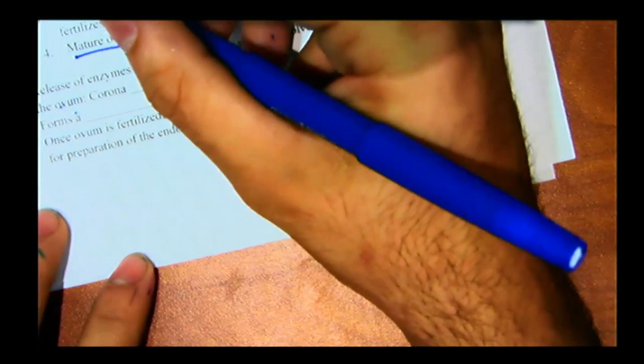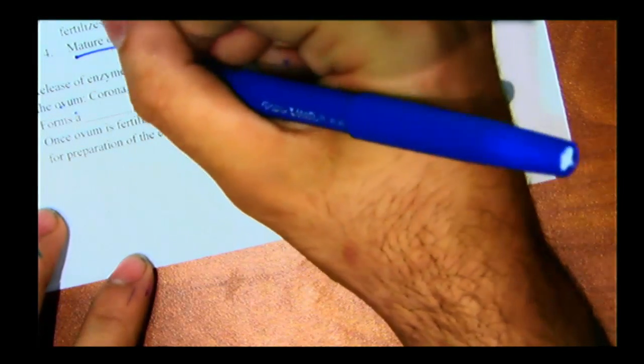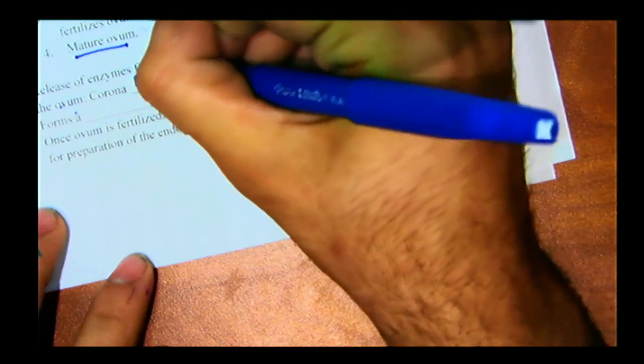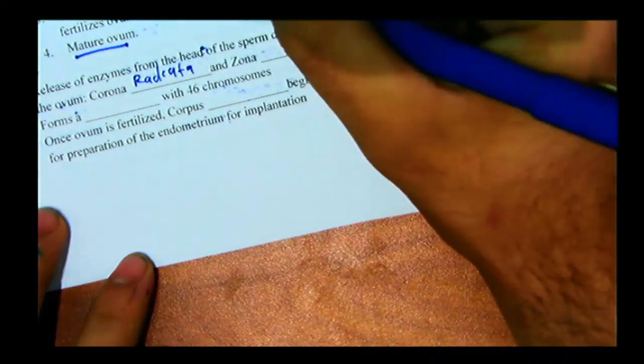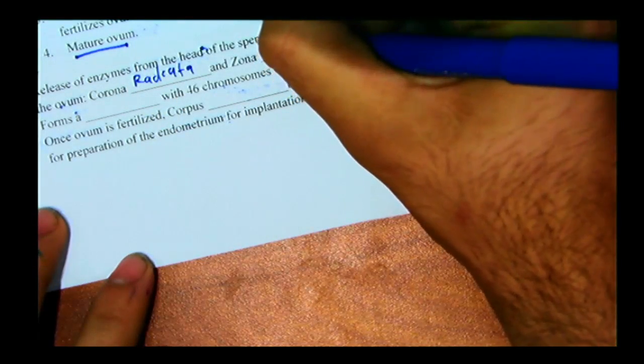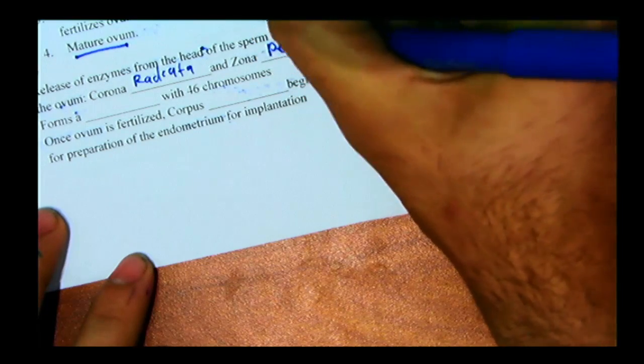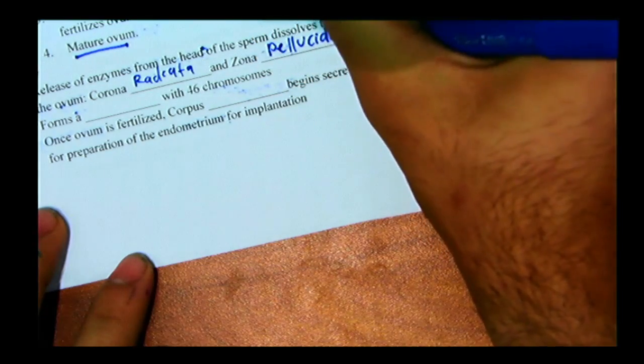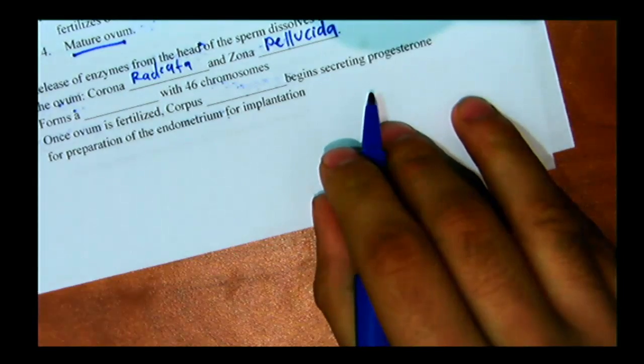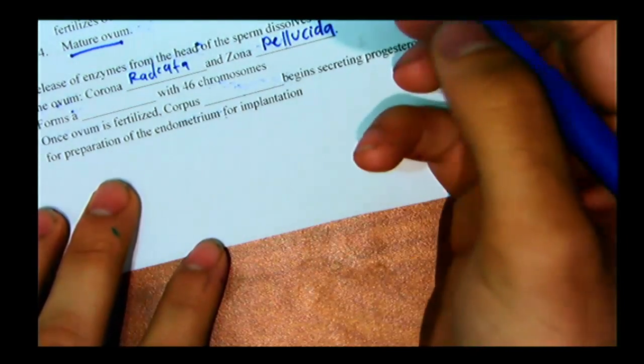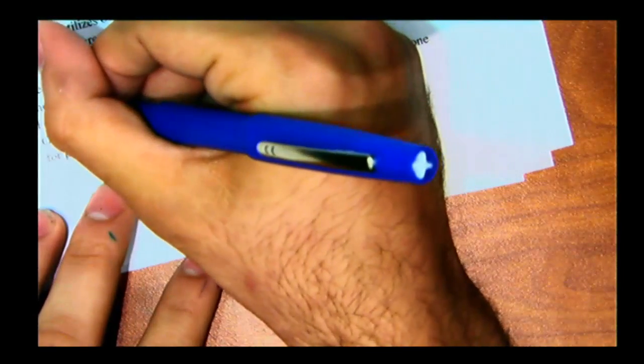It forms a what with 46 chromosomes? Zygote. Awesome. Once the ovum is fertilized, the corpus luteum begins secreting progesterone for preparation of the endometrium for implantation.